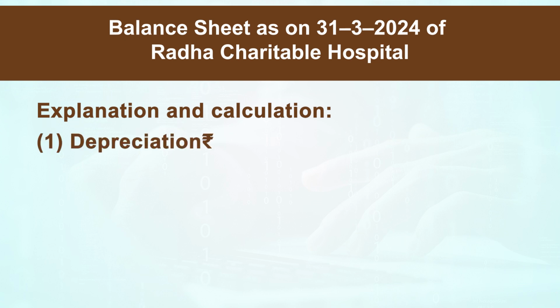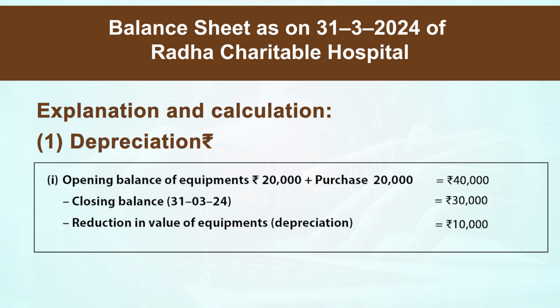Now we will see the explanation part and some calculation based on it. First, depreciation. In that, the first point is, see, opening balance of equipment is given, that is 20,000, plus purchases 20,000, that will come to rupees 40,000. We have to less closing balance, that is 31st March 2024, amount rupees 30,000. Again we have to less reduction in value of equipment, which means depreciation only, that is 10,000.